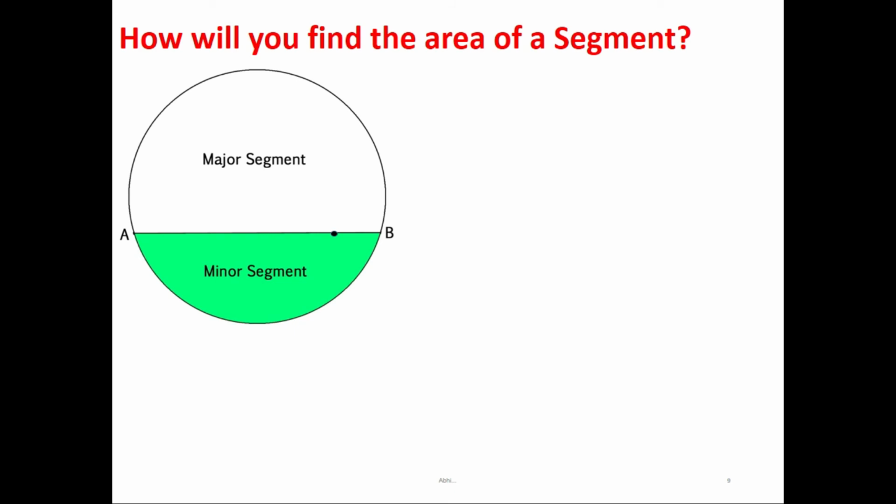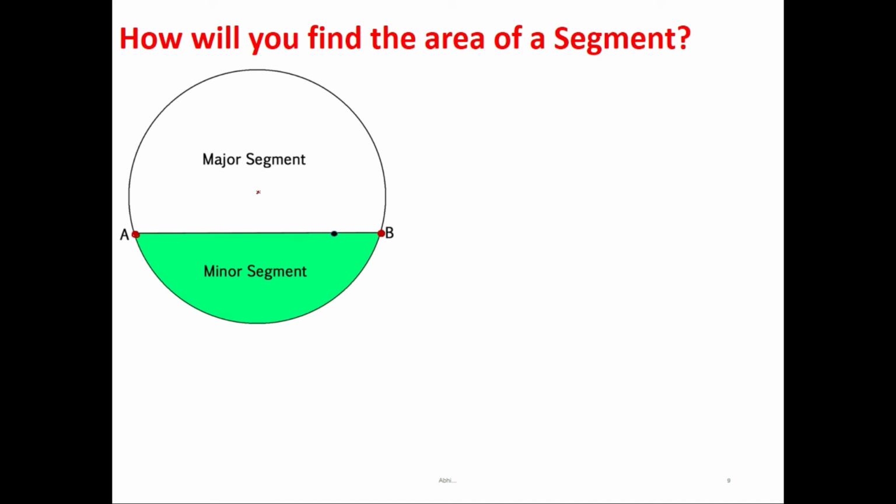Now here you have a question. We have formulas to find the area of a circle, the circumference, the sector area, and the arc length. The question is, how will you find the area of a segment? Watch the visuals carefully. We have A and B as the endpoints of the chord that divides a circle into the major and the minor segments.